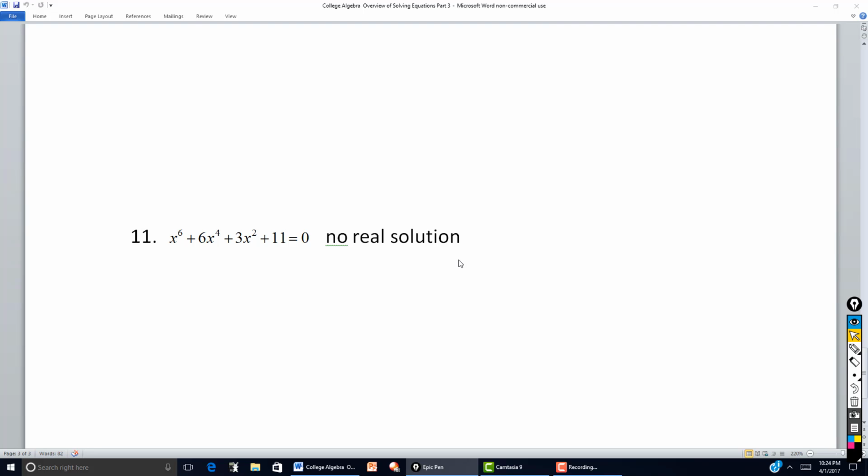So how do we know it has no real solution? Without doing any calculation, just by looking at this equation, x to the 6 plus 6x to the 4th plus 3x squared plus 11 equal to 0. How do we know it has no real solution? Think about it for about 10 seconds.